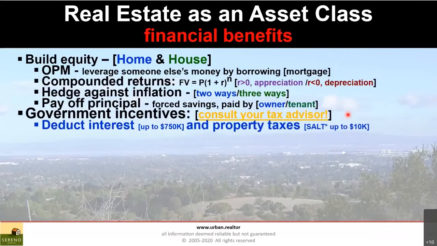So when we are in home ownership, as a home versus a house, we can deduct interest on loans up to $750,000. By the way, that was changed by Trump from $1 million, plus another $100,000 home equity line. They dropped it to almost $350,000. And property taxes are now capped under SALT, state and local taxes, at $10,000.